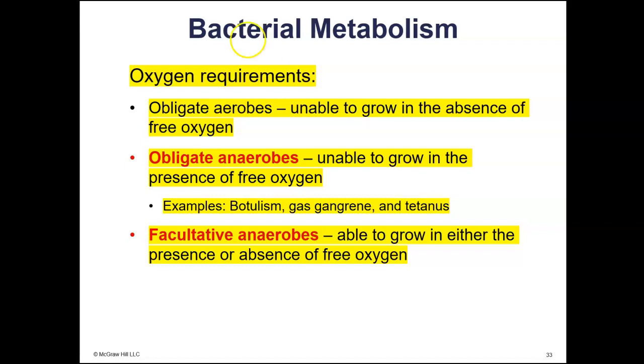If a bacterium is called an obligate aerobe, that means they cannot grow if there's no free oxygen in their environment. They must be able to consume oxygen in order to live. So those are called obligate aerobes.